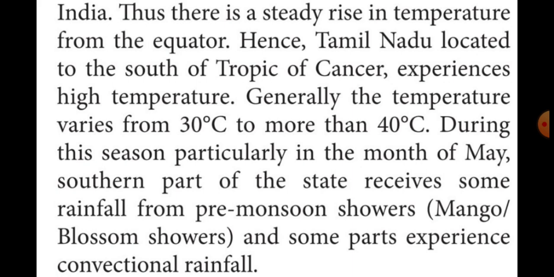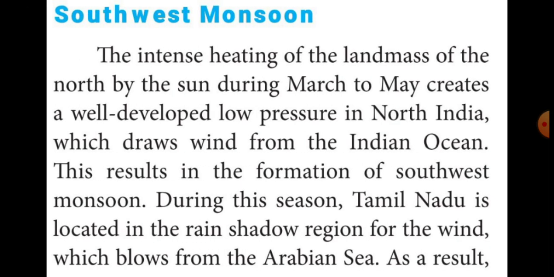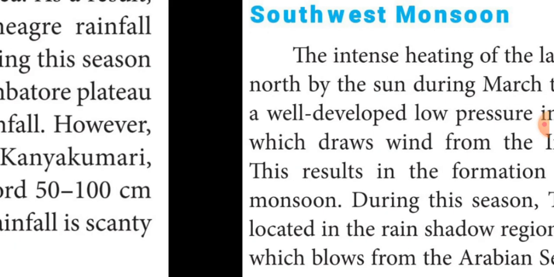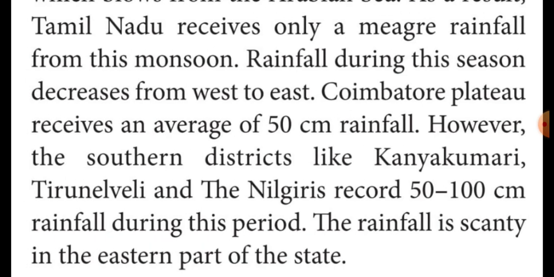Then next we learned about the southwest monsoon season. This southwest monsoon season occurs during the period of June to September. In this time, it is the rain shadow region, that means the wind blows from the Arabian Sea. As a result, Tamil Nadu receives very small rainfall. Listen, students, the southwest monsoon occurs from June to September.